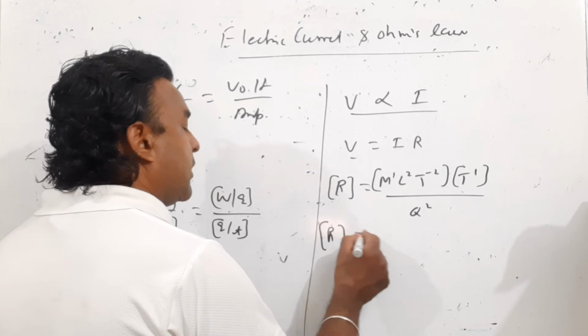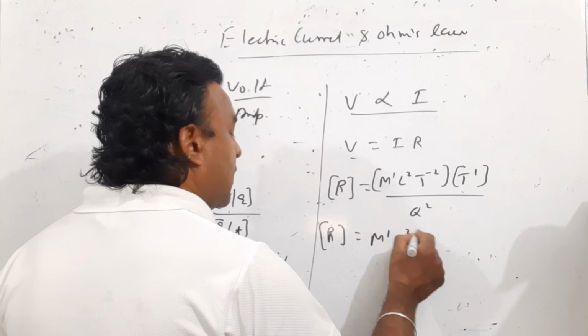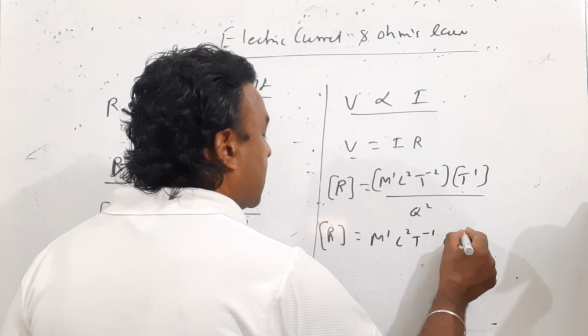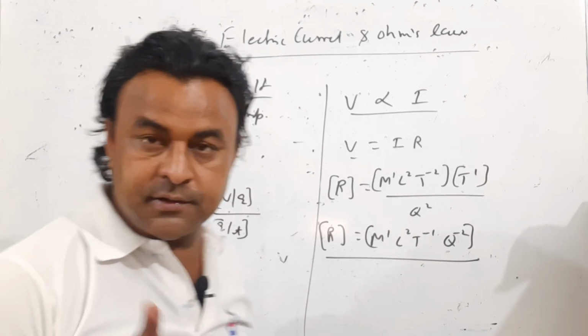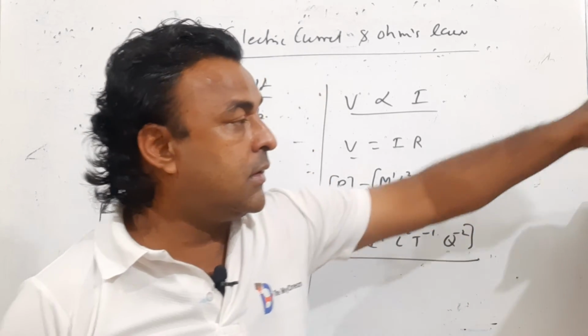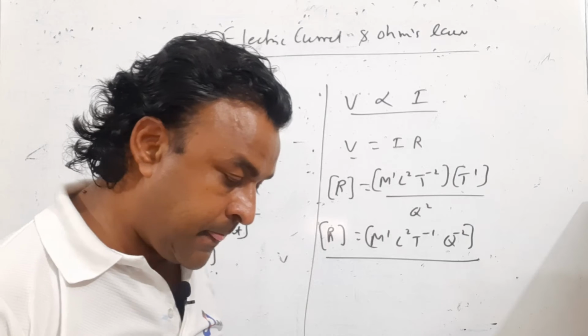So the dimension formula becomes M1 L2 T minus 1 Q minus 2. Got it? This is the dimension formula of resistance.